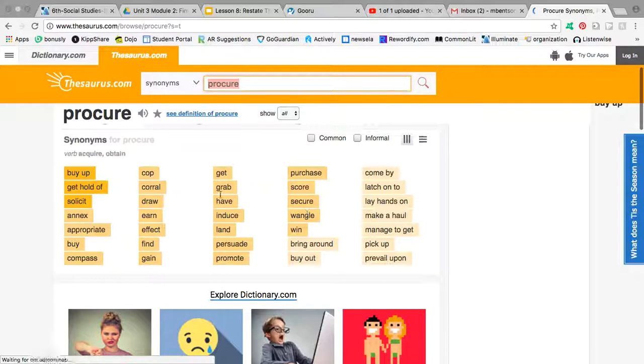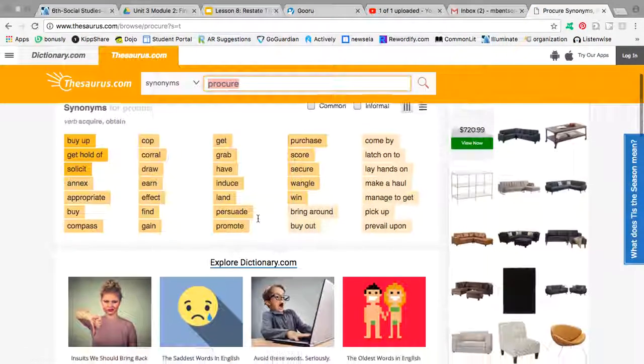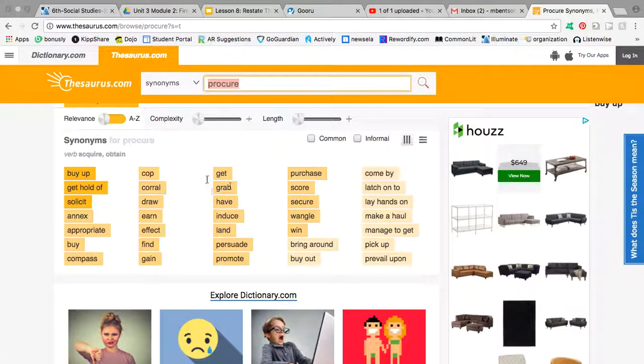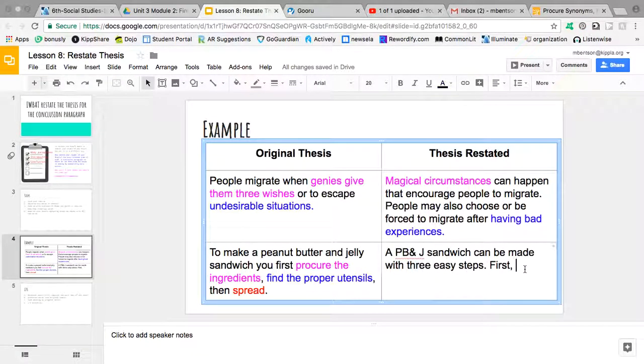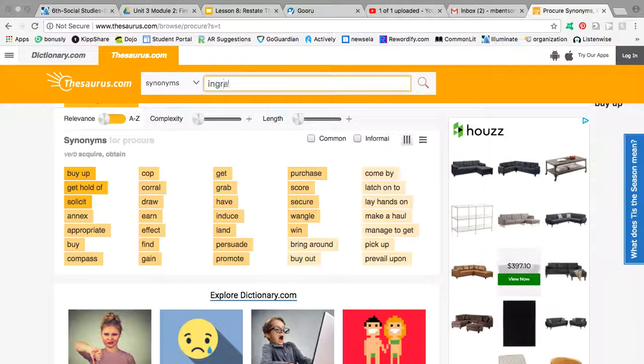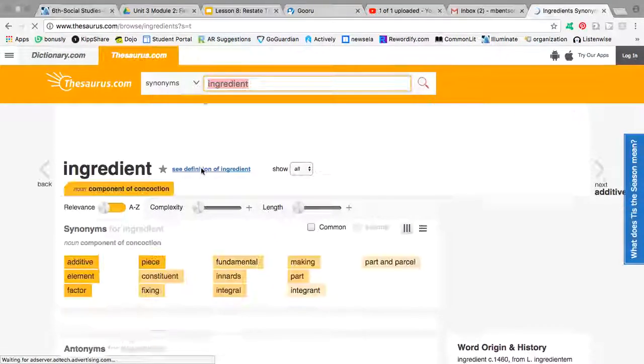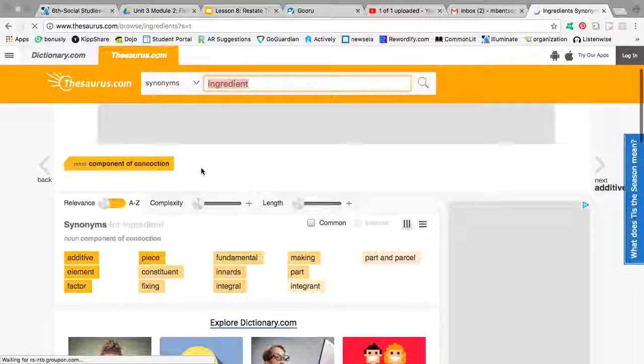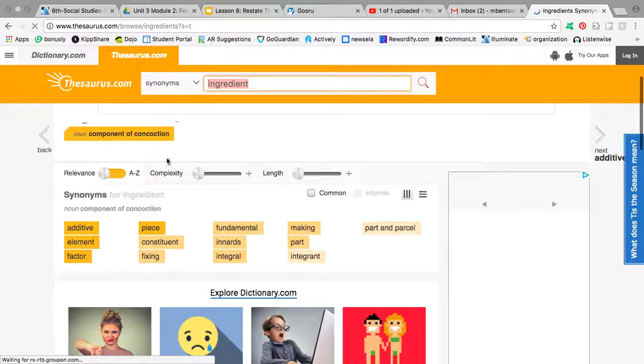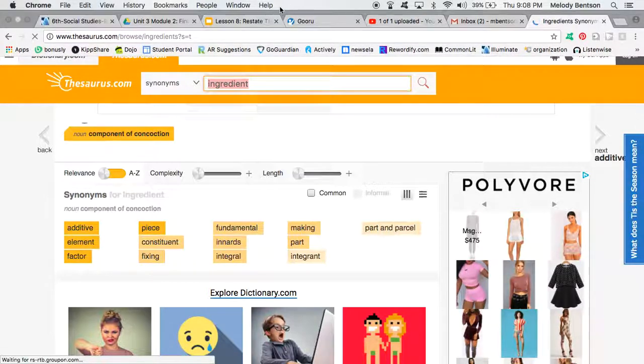Well, procure ingredients. Okay, get, grab. These are words that I use in my everyday language. I'm not going to choose annex because I don't use that word. So get or grab. Okay, first, grab the, well, what's another way to say ingredients? I don't want to repeat that word. I'm looking it up. I'm looking for synonyms. Fixings. That's a word that I use sometimes to talk about food.